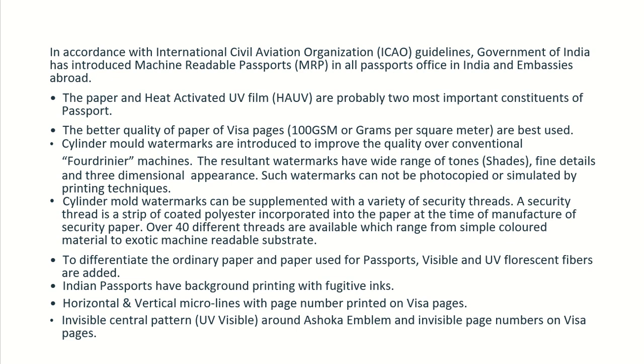There is background printing with fugitive inks. Horizontal and vertical micro lines with page number printed on visa pages. UV visible pattern around Ashoka emblem, and UV visible page numbers on visa pages.